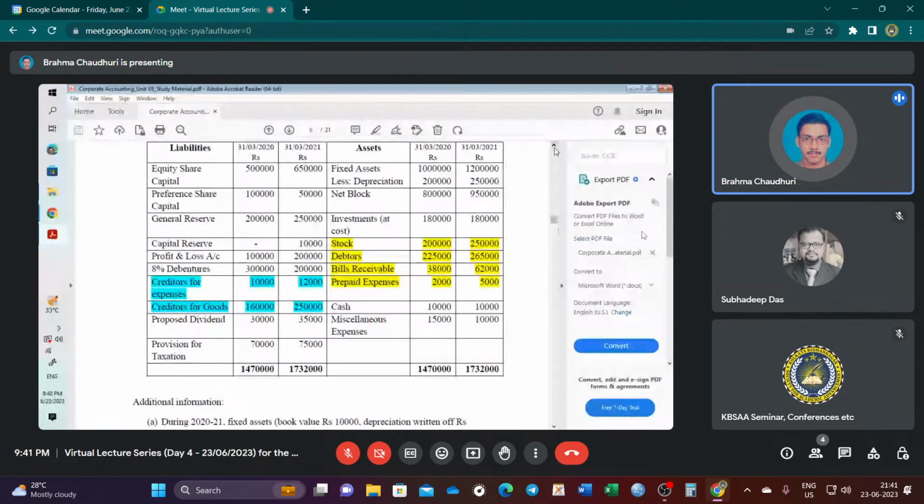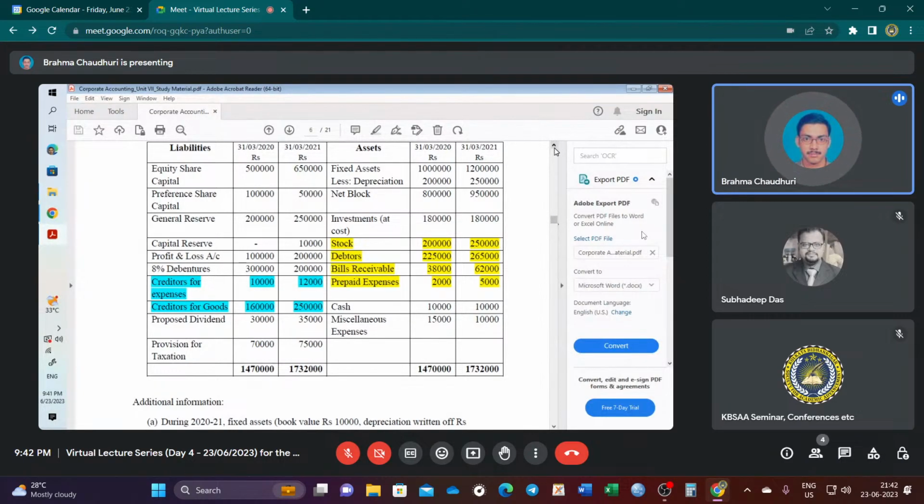So for 1 lakh redemption of debenture, there was again an issue of equity share of 1 lakh. That means equity shares have been issued for both redemption of debenture and redemption of preference share capital. Redemption of debenture is 1 lakh and redemption of preference share capital is 50,000. So 1 lakh 50,000 redemption, and to finance this, equity shares have been issued for 1 lakh 50,000.